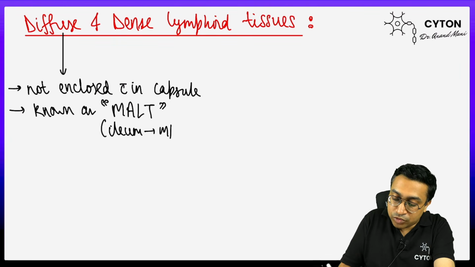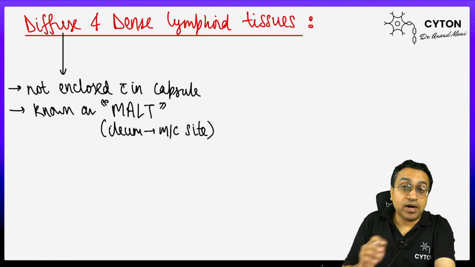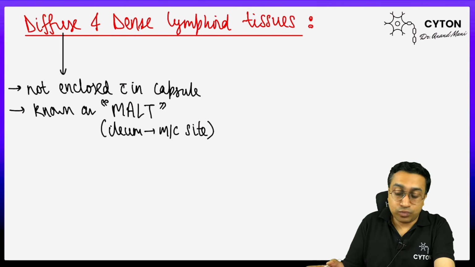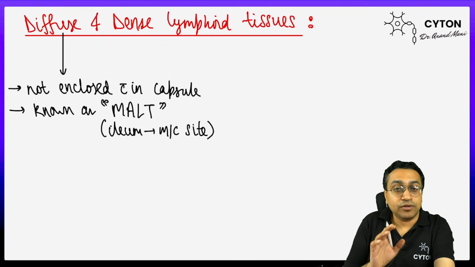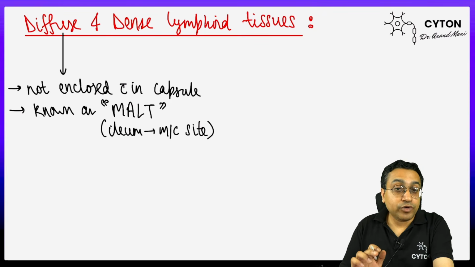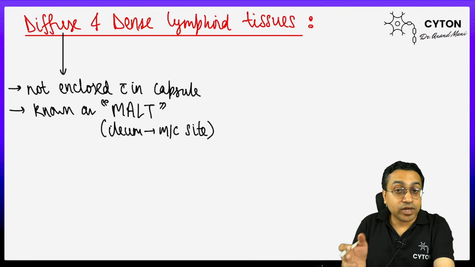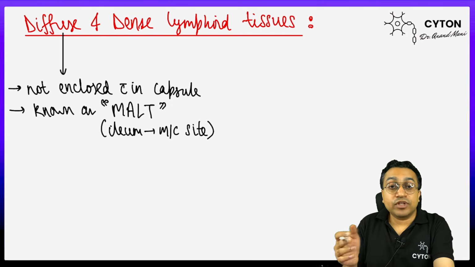Some authors also consider the MALT as dense lymphoid tissue, but stick to it as the diffuse one. Then this diffuse lymphoid tissue protects and provides immunity against the microorganisms coming in contact with the mucosa.